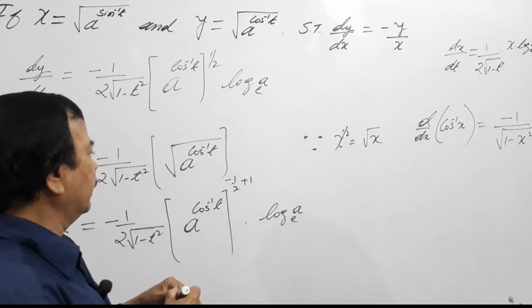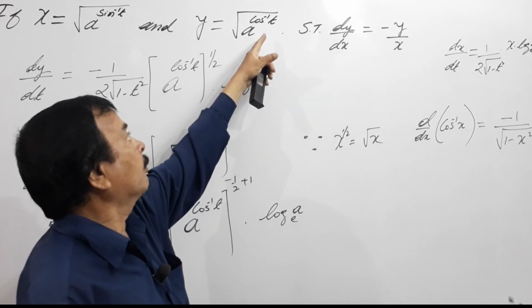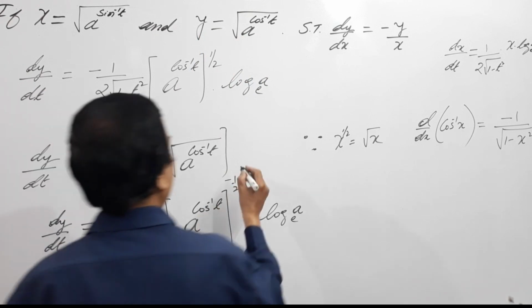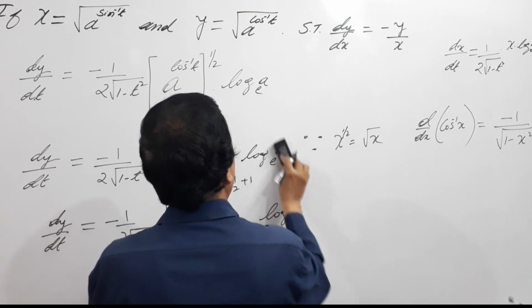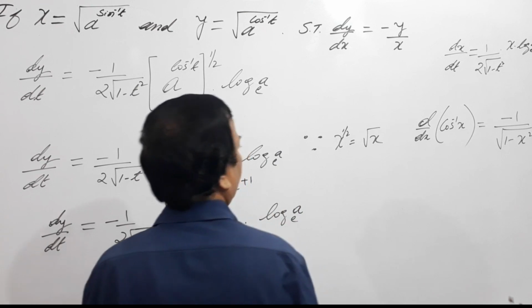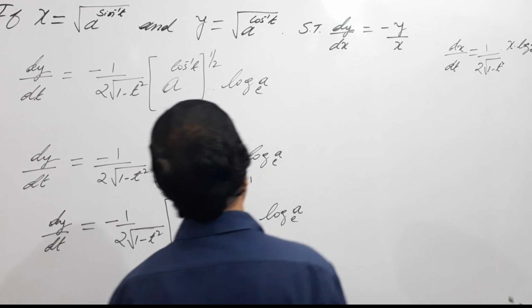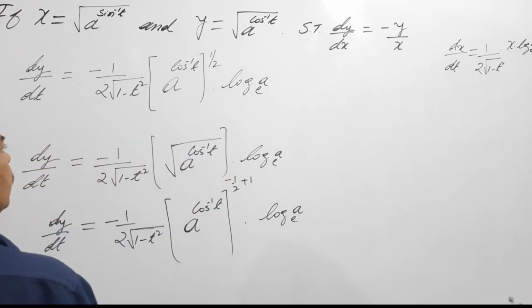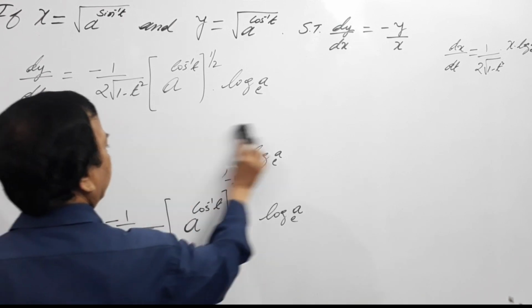A to the power of cos inverse t is nothing but your y, into log a to base e.